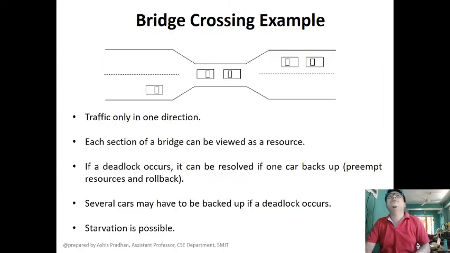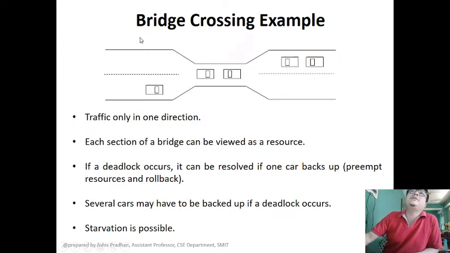So this is a deadlock problem. Okay, let us have a look at another real-time example. Suppose there is a bridge, highlighted where I'm hovering the mouse. This is a two-way bridge. Two-way means on one side cars come in one direction, and on the other side cars go in the other direction. So this is also another two-way bridge.